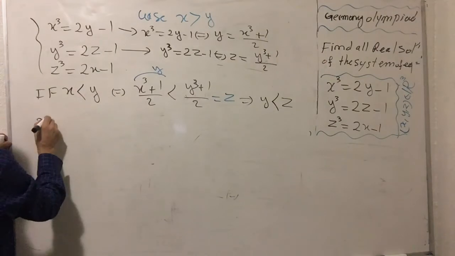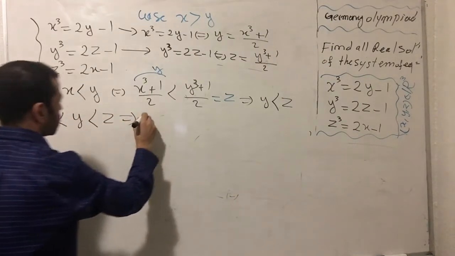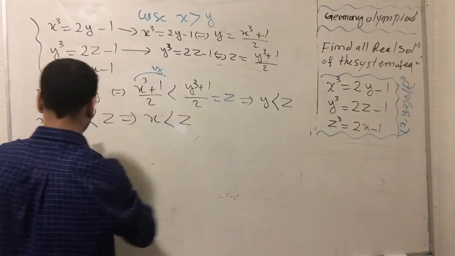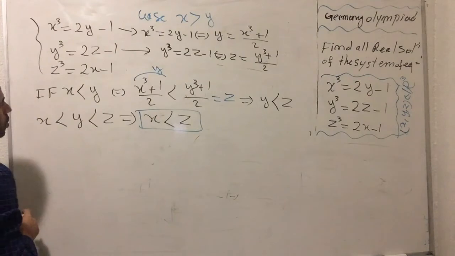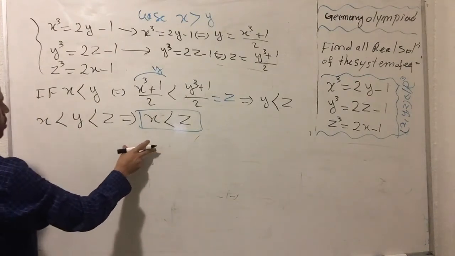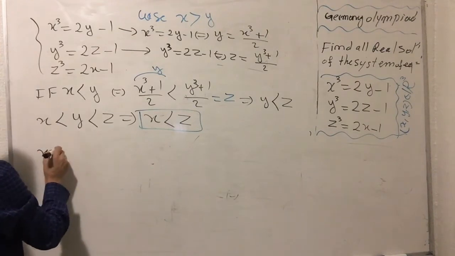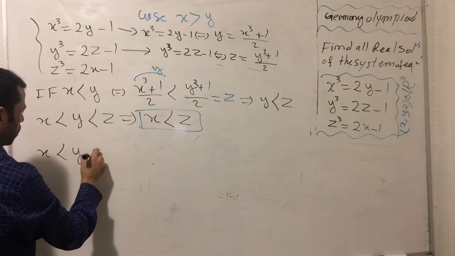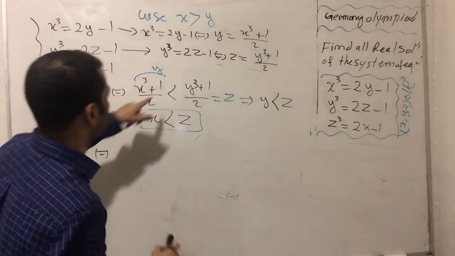Since we have x inferior to y and y inferior to z, this implies x is inferior to z. On the other hand, I'm going to do likewise as I did before. Since x is inferior to y, I'm going to replace x in terms of z.